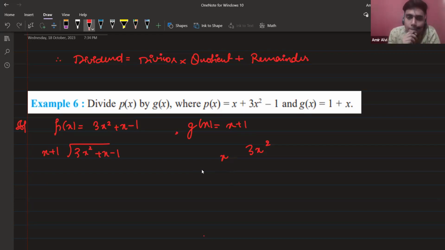If I want 6 and I have 2, what number should I multiply with 2? 3. It will make 2 into 3, 6. If I have x and 3x square is there, which number should I multiply to make it 3x square?